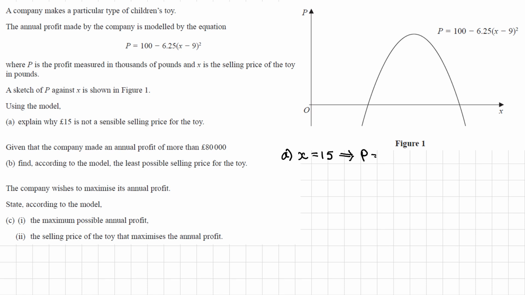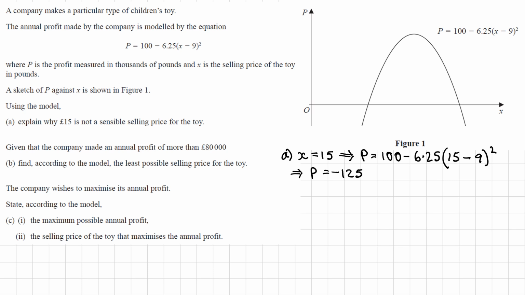So P is going to be equal to 100 minus 6.25 times (15 minus 9) all squared. I can do that all on my calculator. 100 minus 6.25 bracket 15 minus 9, which is 6, square that, I'll get negative 125.